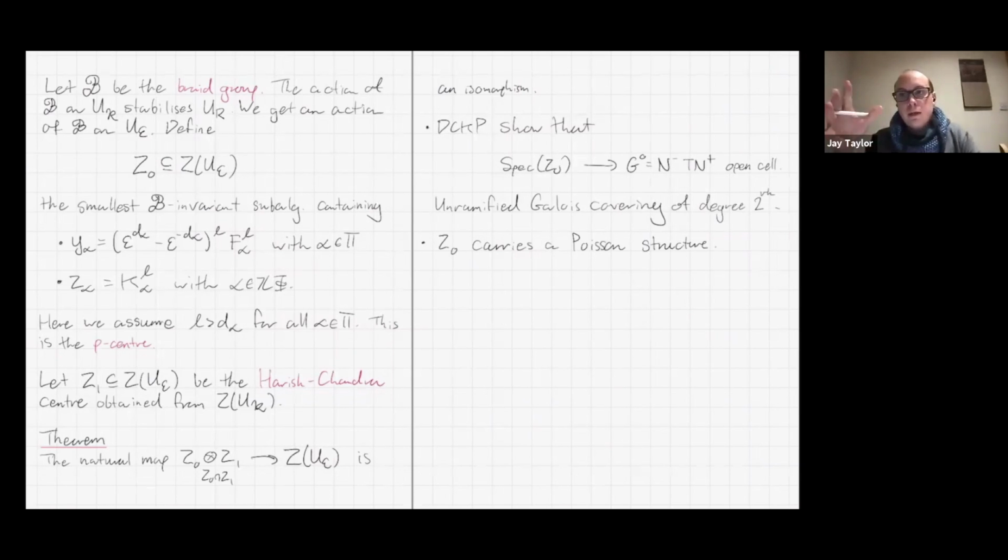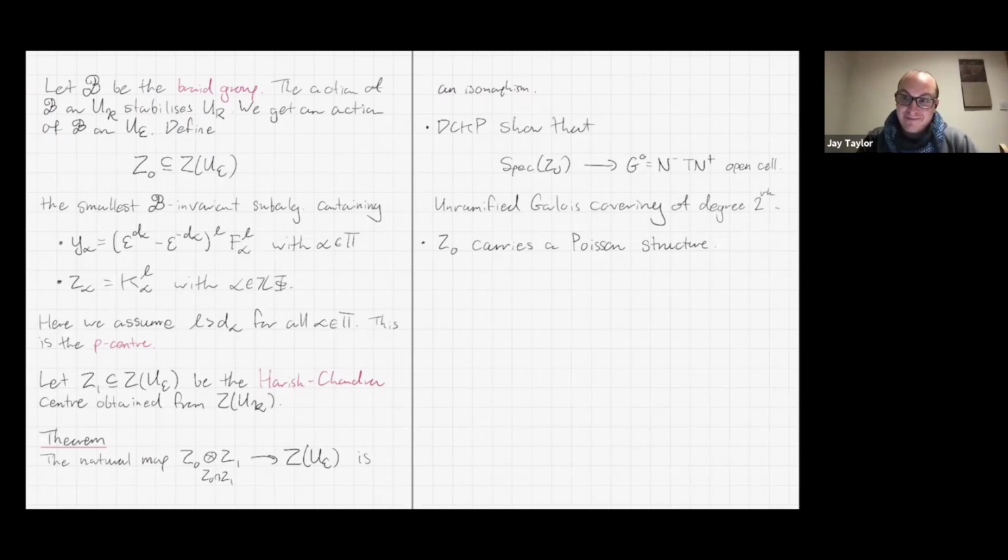So when we were looking at the case of algebraic groups, when you look at the Harish-Chandra center, you can think of that as the G invariants of the center. So there's something analogous that can be said here as well, but the group you have to construct is an infinite dimensional group that arises from this Poisson structure. So I'm going to let Ivan say more about this, because I think you have more feeling for these Poisson structures than I do.